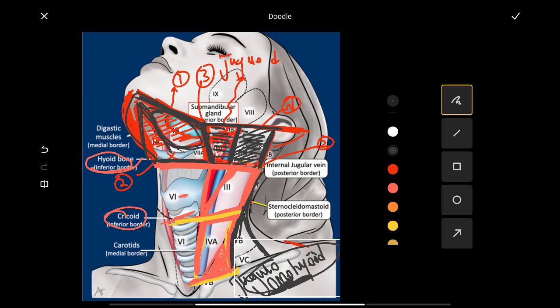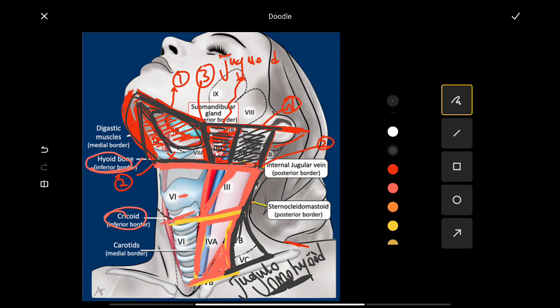Inferiorly is the middle section of the clavicle, right here. And that's it, right? Superiorly is where the sternocleidomastoid and the trapezius attach to the skull, you can say. So that is the superior border. So superior border skull, anterior border sternocleidomastoid and lateral edge of scalenus anterior, posteriorly is the trapezius.